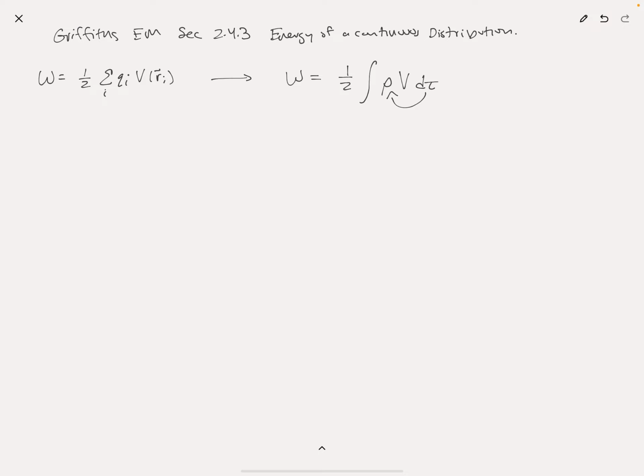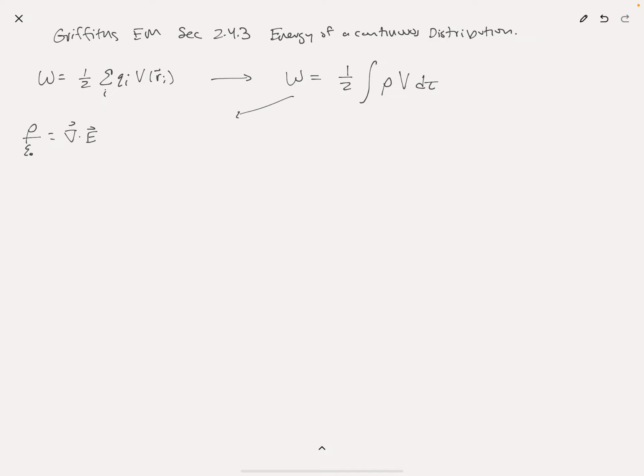We can evaluate that integral, but we're going to manipulate this expression to get something else. What I want to do now is rewrite this charge density using Gauss's law, remembering that Gauss's law in differential form gives us that the density over epsilon naught is equal to the divergence of our electric field.